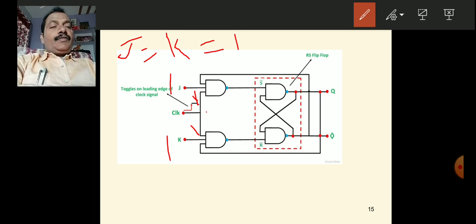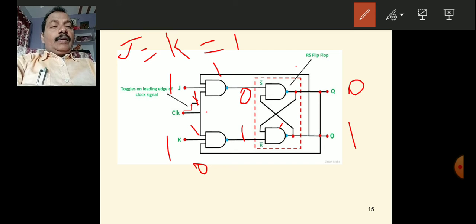That is, here Q feedback is there, here Q bar feedback is there. So those values you don't know. Hence let us assume 0 1. So 0 is fed back here, this 1 is fed back here. So top NAND gate 1 1 1, output is 0. Down NAND gate 1 1 0 means output is 1.